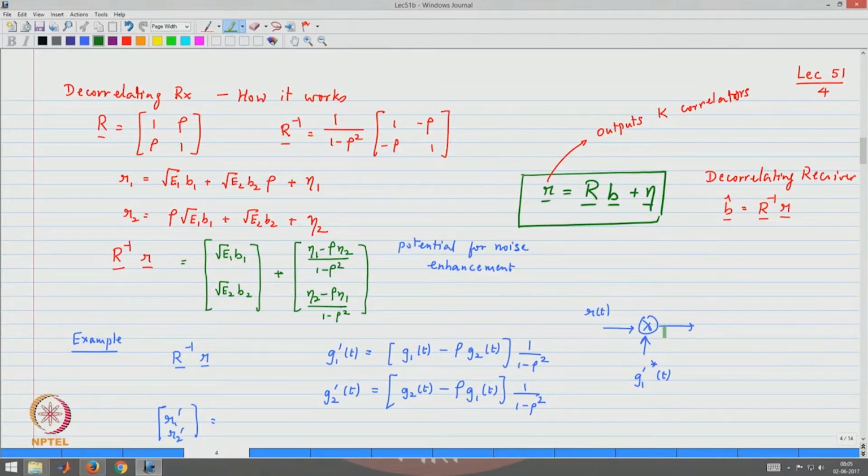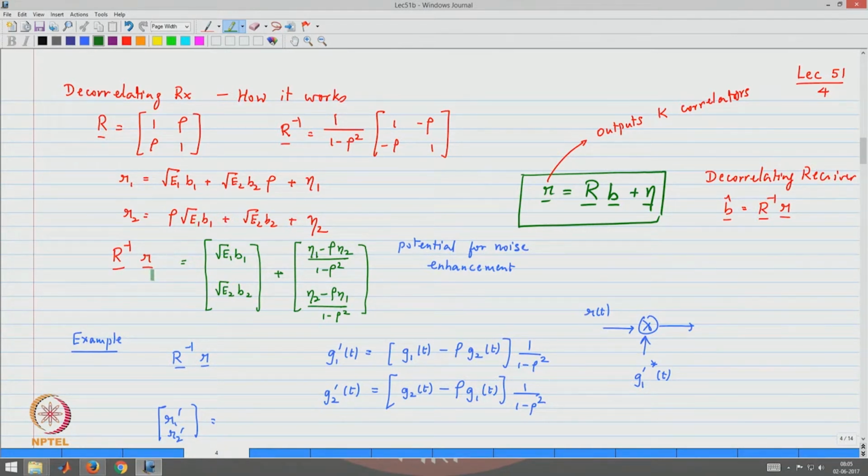Now instead of that, if you multiplied it with g1 prime star of t, where g1 prime of t is given in the following manner: g1 of t minus rho times g2 of t, divided by 1 minus rho squared. If you think of this as a modified despreading waveform, and then you apply it in this form, r of t multiplied by g1 prime star of t followed by the integrator, you would find that the expression that we obtain is exactly the expression that we got for R inverse times R.